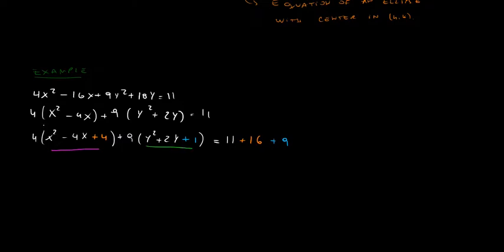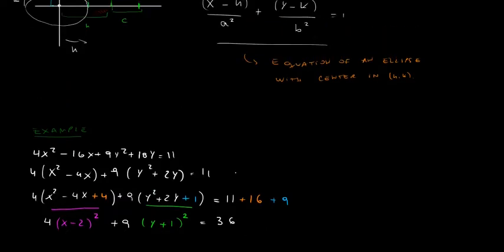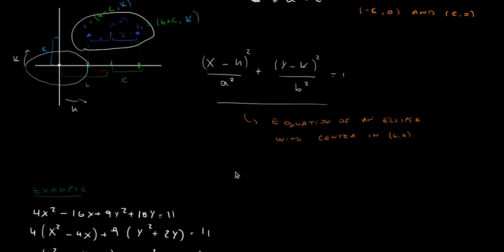So I can rewrite this as 4 times (x minus 2) squared plus 9 times (y plus 1) squared. And this will all equal 11 plus 16 plus 9, that is 36. Now if we remember from the equation of an ellipse, we had a 1 on the right hand side of the equation.